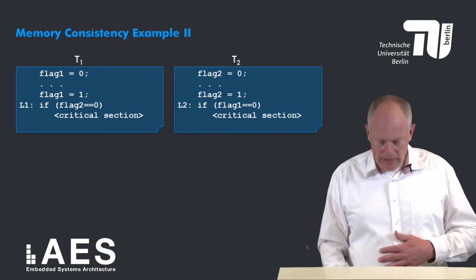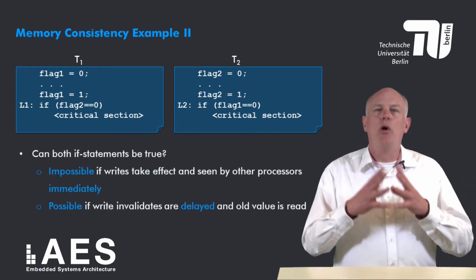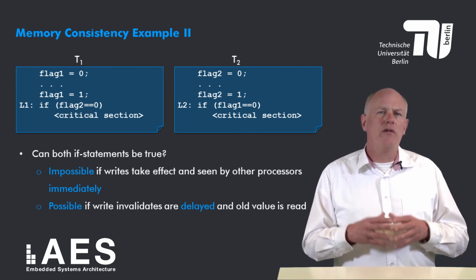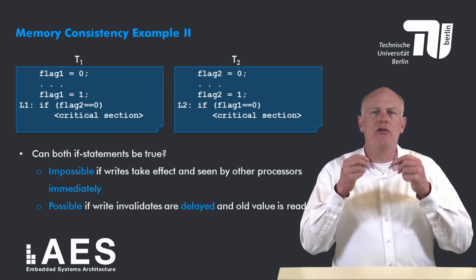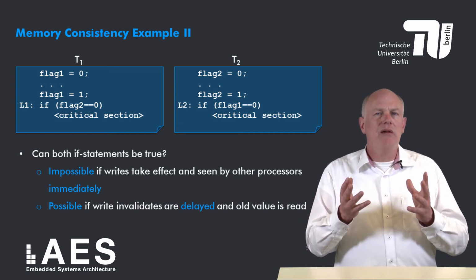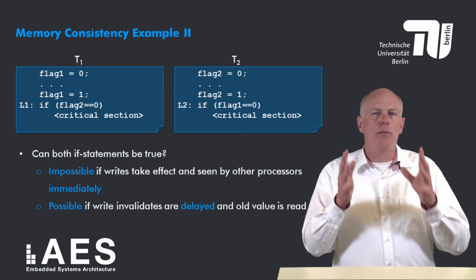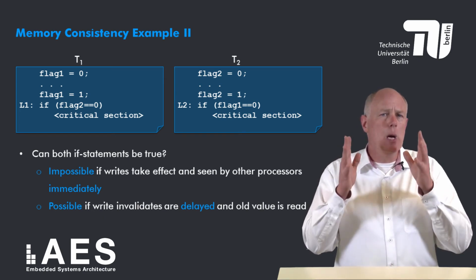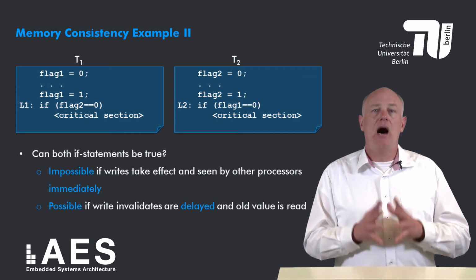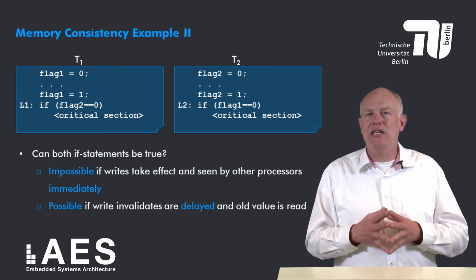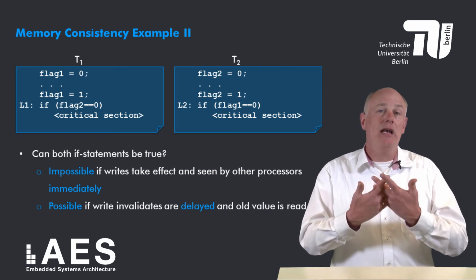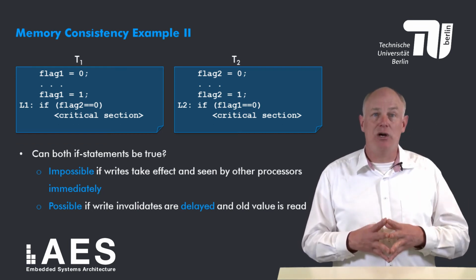The question now is, can both if statements evaluate to true? In other words, can both threads enter their critical sections at the same time? Well, if writes take effect and are observed by other processes immediately, then this is impossible. However, if the write invalidations are delayed and the old value is read, then unfortunately it is possible.